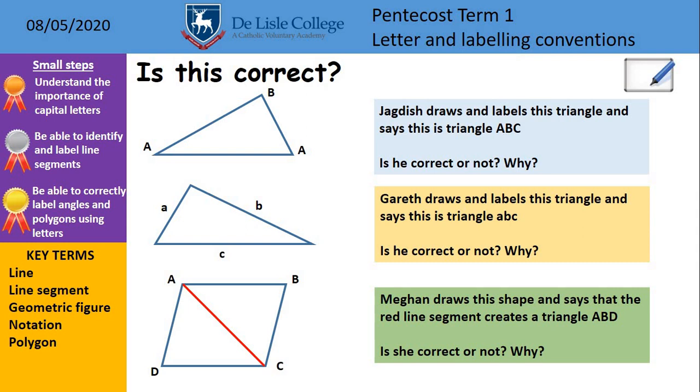Is she correct or not? She is incorrect. There's a couple of choices here. It creates the triangle ABC, or the triangle ADC, or you could even say ACB or ACD. ABD doesn't work. If you were to join those up, you don't get that triangle, and it doesn't involve that red line segment.